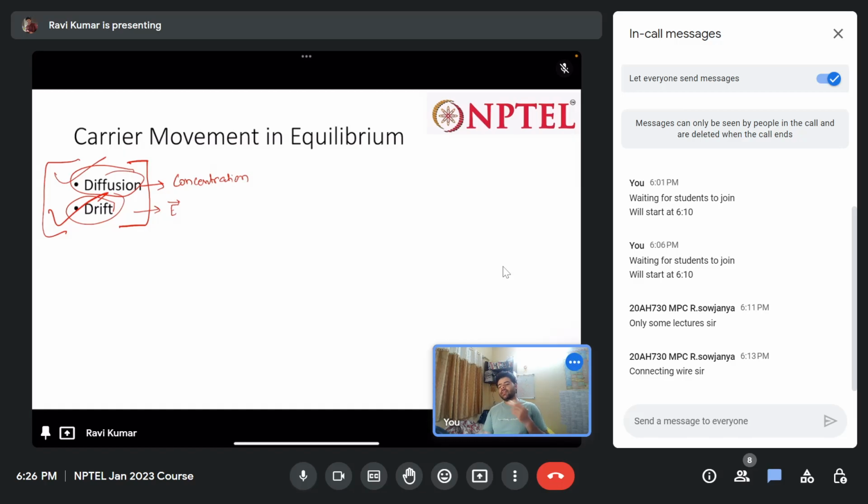Just remember the previous picture I showed. Diffusion. Yes, diffusion. And what about the electric field? Do we have any electric field in equilibrium condition? Yes, sir. At the depletion region, they are both cancelled. Yes, then drift will also take place.